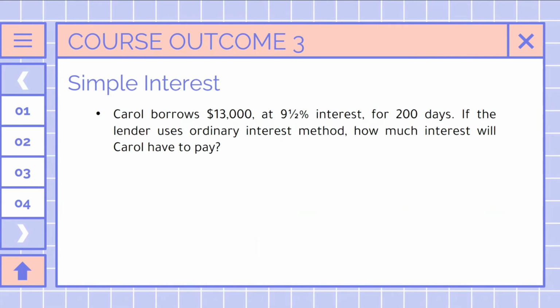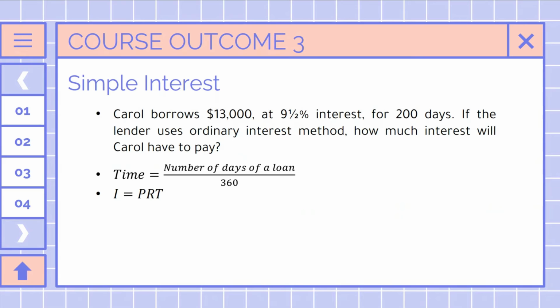Next, Carol borrows $13,000 at 9.5% interest for 200 days. If the lender uses the ordinary interest method, how much interest will Carol have to pay? So in getting the time, number of days of a loan over 360 days, since we will be using the ordinary interest method.